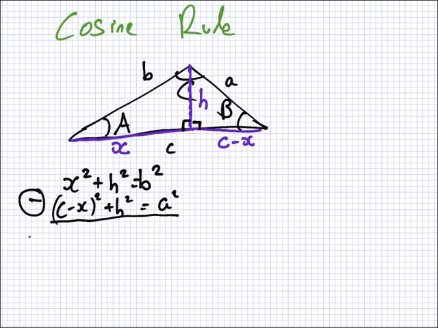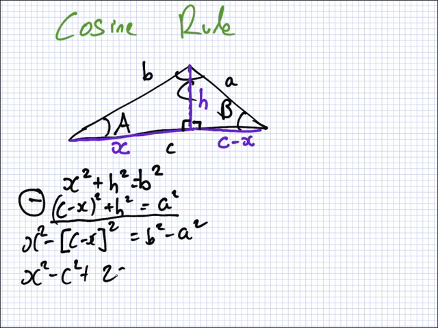Right. This is x squared minus c minus x squared. They cancel, equals b squared minus a squared. So you get x squared minus c squared plus 2cx minus x squared equals b squared minus a squared. The x squareds cancel.